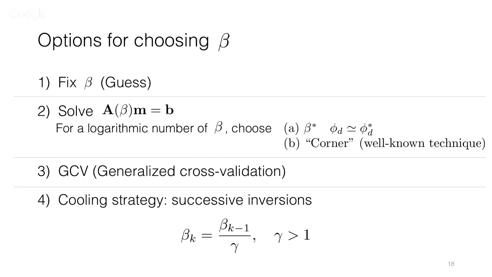You can just guess and then see what you get out, right? That's a possibility. Or you can do what we did in the app: pick a range of values. Often you can't even tell the order of magnitude of this thing. Sometimes it should be 10 to the minus 3, sometimes it's 10 to the plus 3.